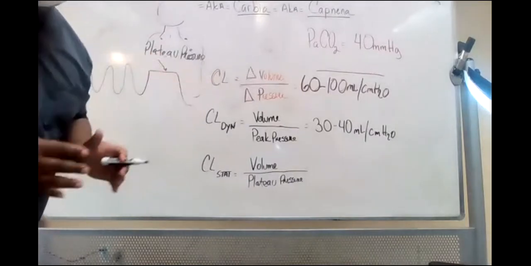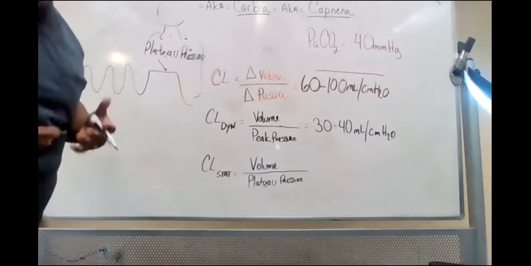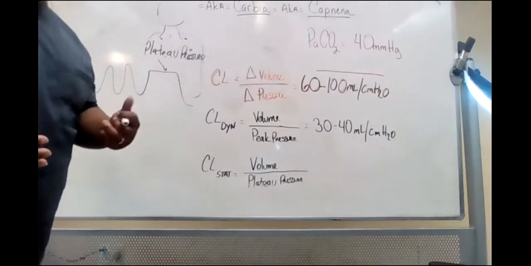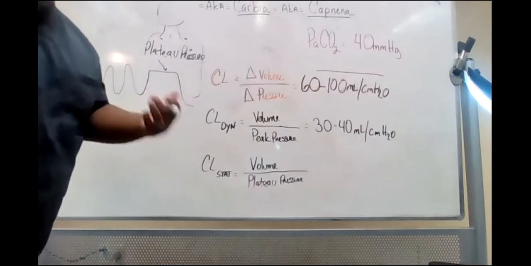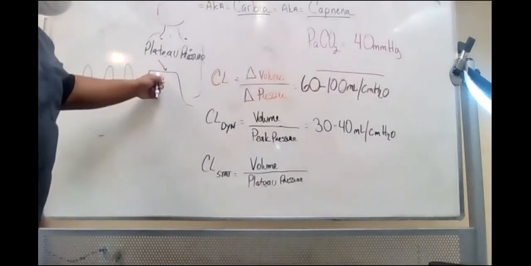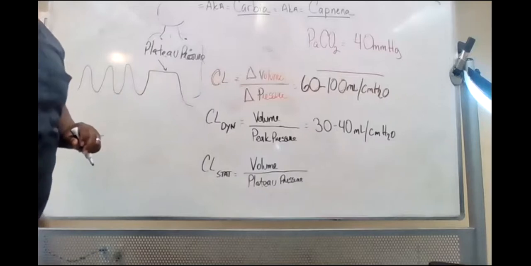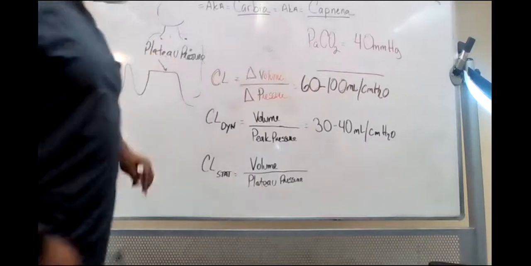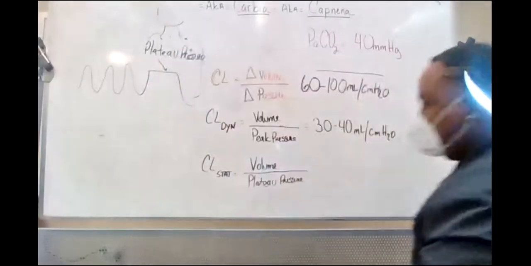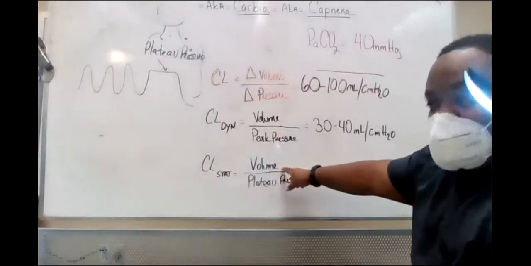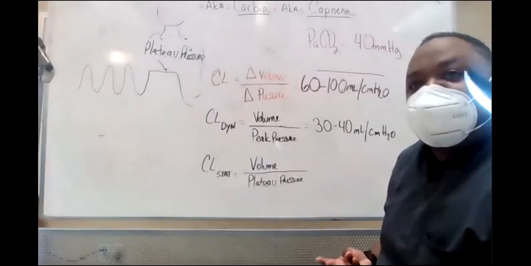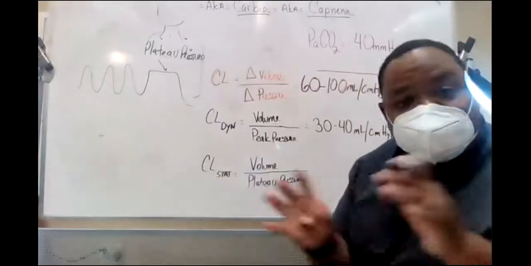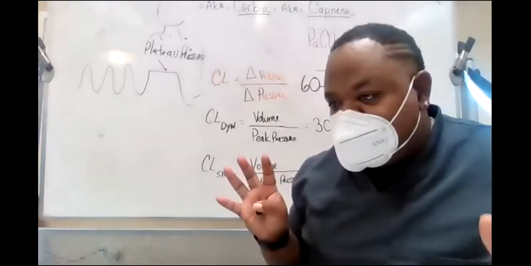I can read that pressure because we want to know what is the pressure in the lungs at all times. Are the lungs becoming more compliant or are they becoming less compliant? And I can do one of these maneuvers called an inspiratory hold and find out the plateau pressure. So then what I do is take that plateau pressure and divide it into the volume that I'm giving them, and that's going to give me their static compliance. Static means no movement, right? Static means still.